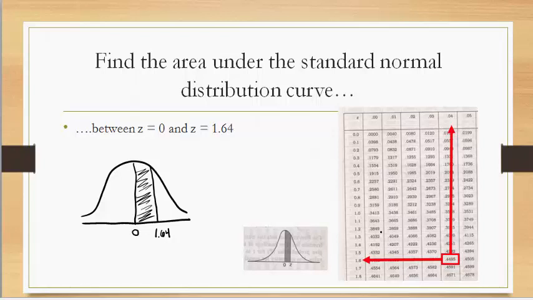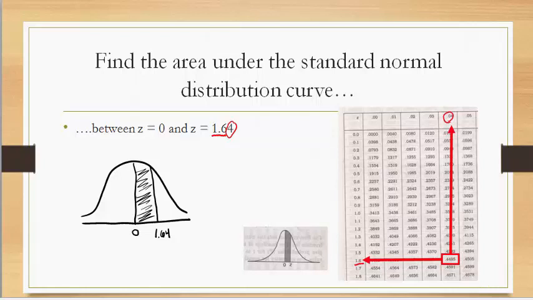The way that you're going to do that is you are going to take the first two digits of your number, so the 1.6, and you're going to go down the left-hand column of the table until you find 1.6. Then you're going to look at your hundredth place digit, and you're going to find that across the top. And you'll intersect that column and that row.